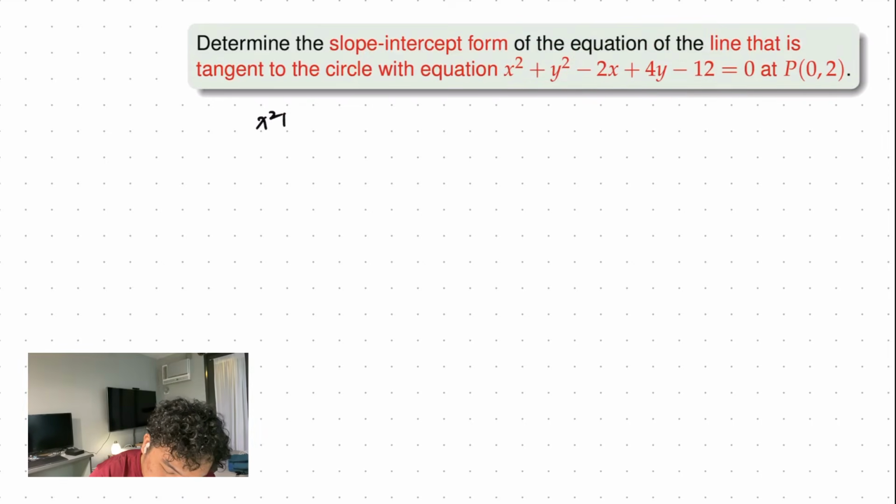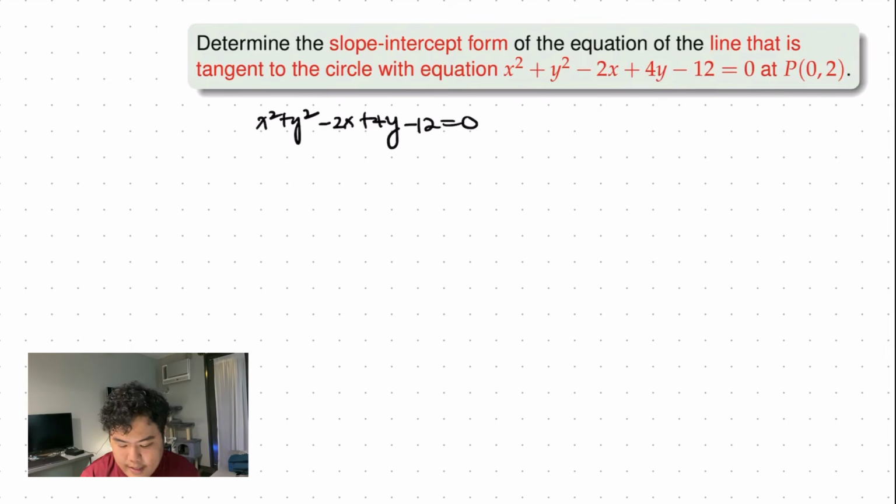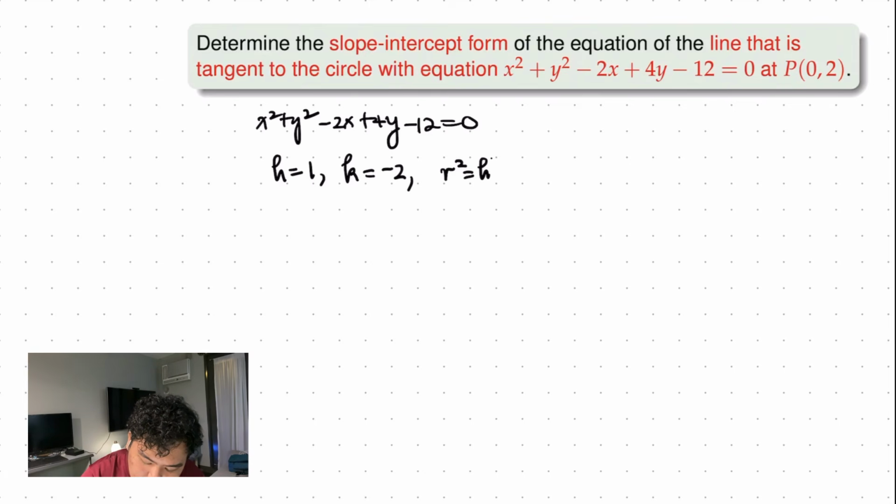So, x square plus y square. Okay. So, ang h natin, divide this by negative 2, you get 1. Our k is, divide this by negative 2, you get negative 2. So, r square is h square plus k square minus f, or h square is 1 plus 4.